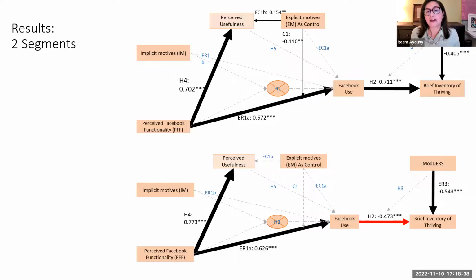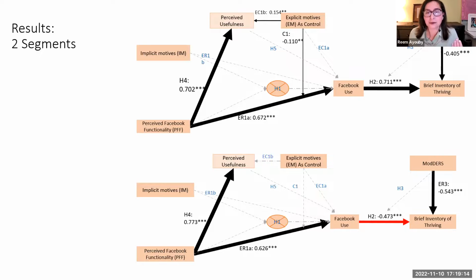One group had a very strong positive relationship between Facebook use and the well-being construct. And the other group had a negative relationship, although it wasn't as severely negative as the positive was positive. Everything gets standardized in these types of models, so it doesn't really matter what the unit of measurement is once all the analysis is done.